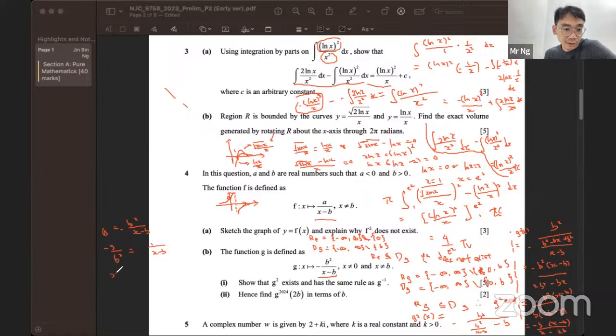So x equals to b square over y plus 3 equals to 3y minus b square over y. Something wrong.